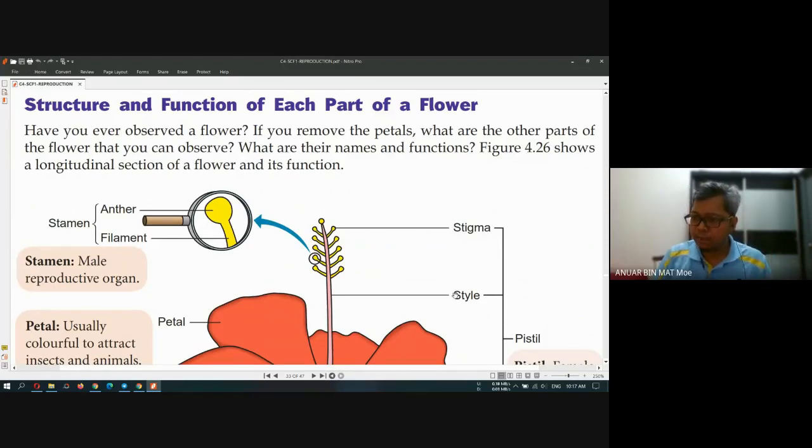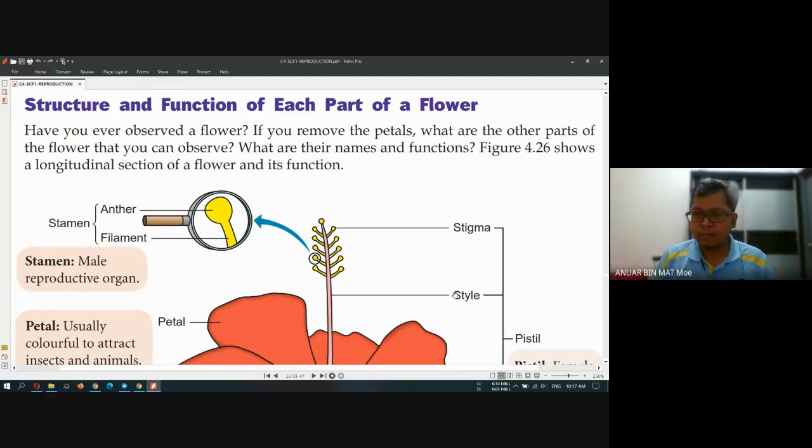If you still remember reproduction in human, you already learned the structure and function of both male and female reproductive organs. You still remember the parts and function of male and female human reproductive organs? Make sure you understand the names of the parts and the function of the parts in men and women.